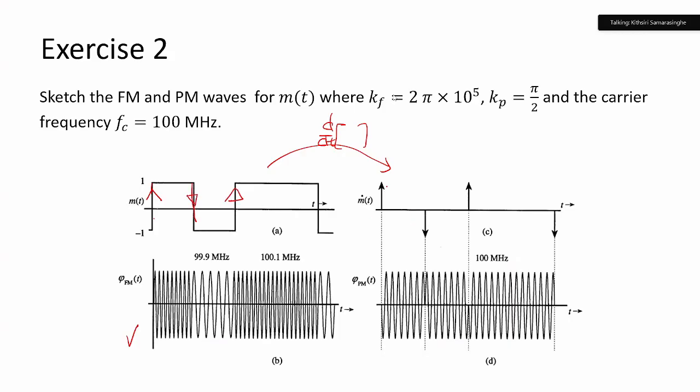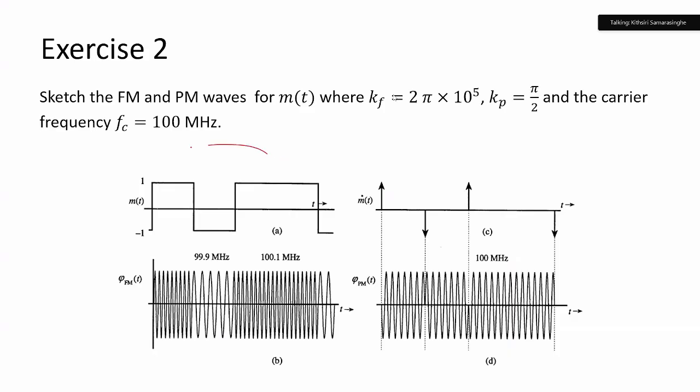So you get delta functions, upward and downwards. And put this into an FM modulator, you will find every time the jump happens, the phase will go through a 180-degree change here. The phase changes will occur in each section here. That is the PM output.